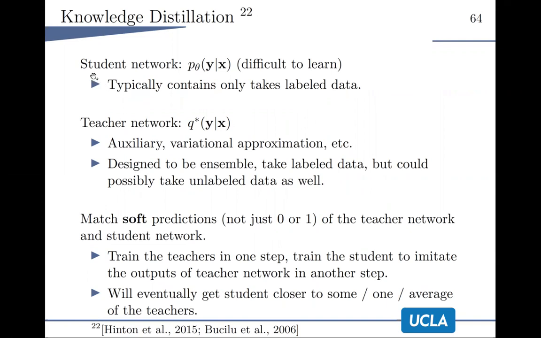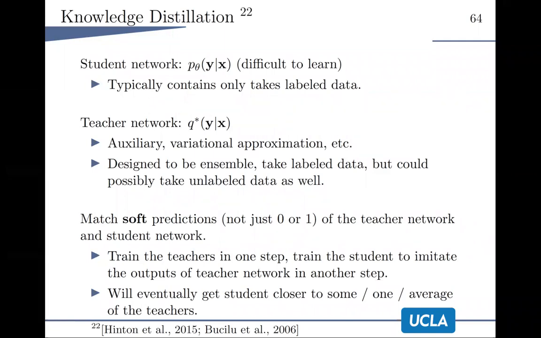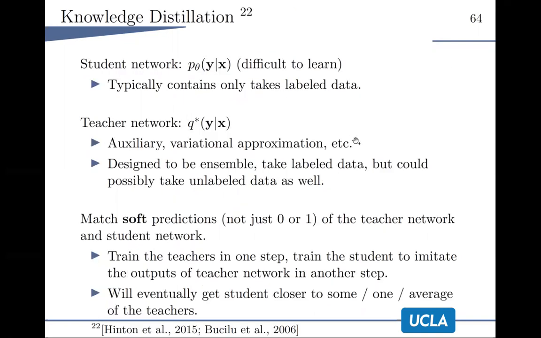First we have a student network, which is ordinarily a network that's typically difficult to learn directly and contains only labeled data.